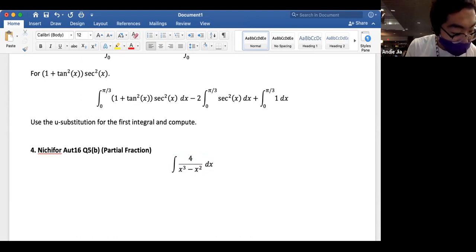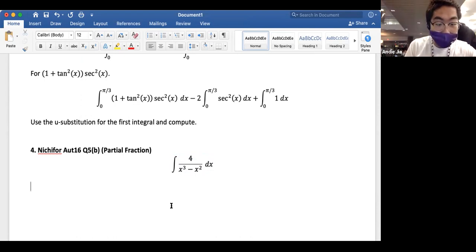Just factor the denominator and do partial fraction decomposition.